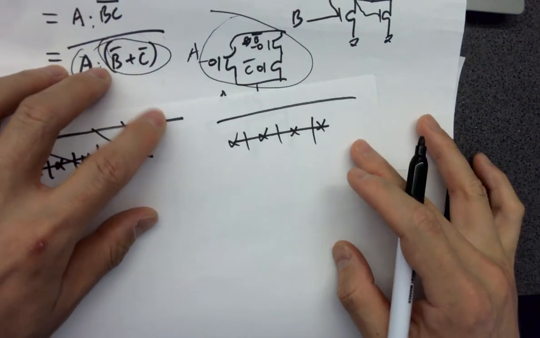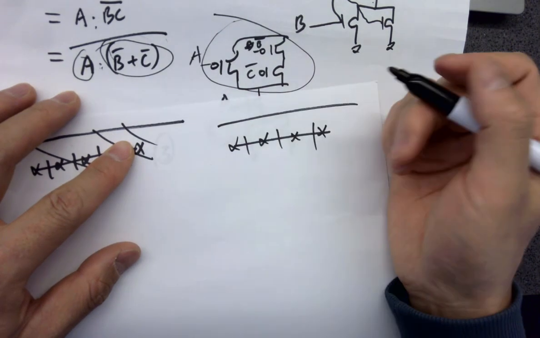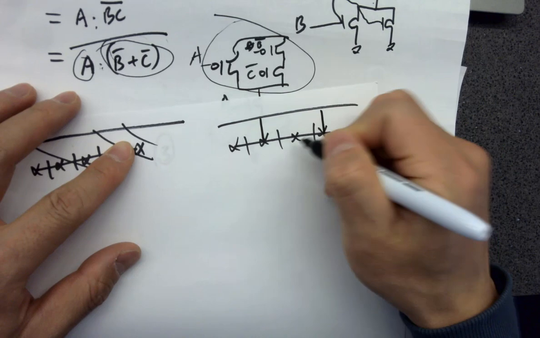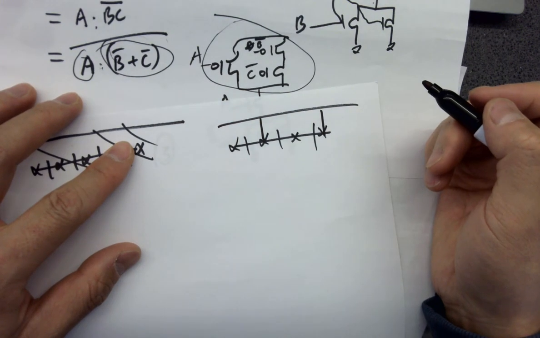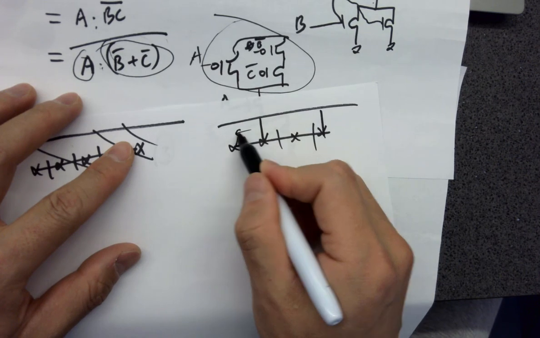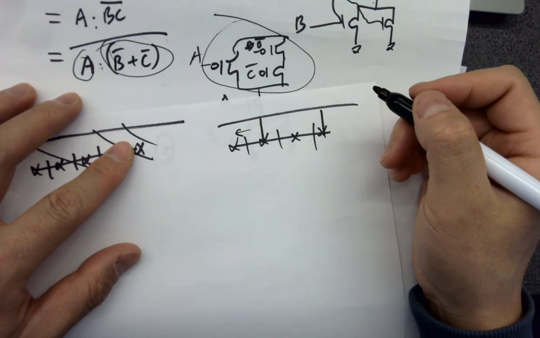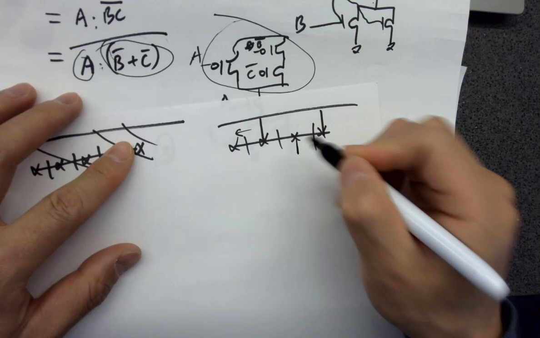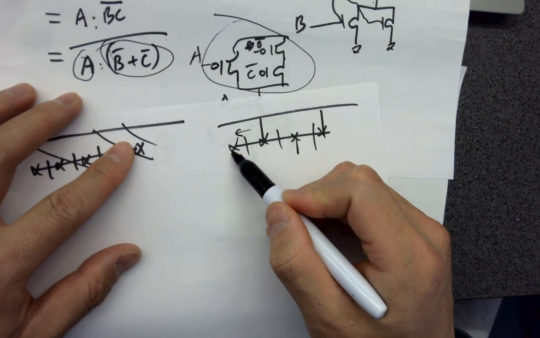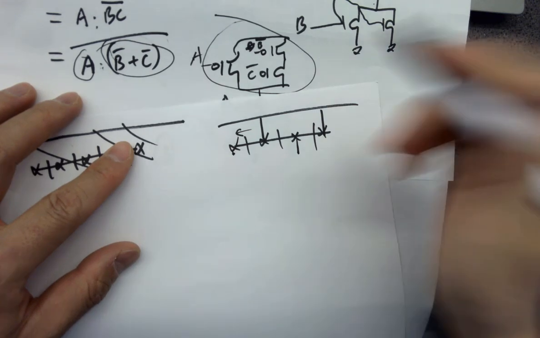Let's deal with the PMOSes first. So go through A first, right? Go through A first, and then these two are in series.